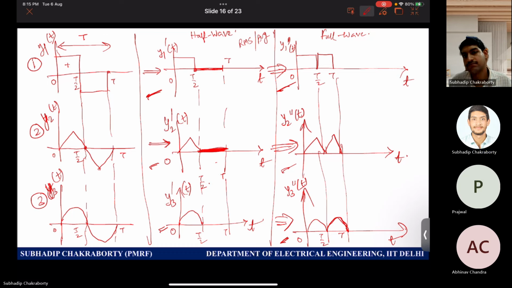So just as for average you calculated the area under the curve, for RMS you need to calculate the area under the square of the curve. Same curve, but squared. So for average, if you calculate the area under the curve for y1 of t, for RMS, you will be calculating the area under the curve for y1 square of t.